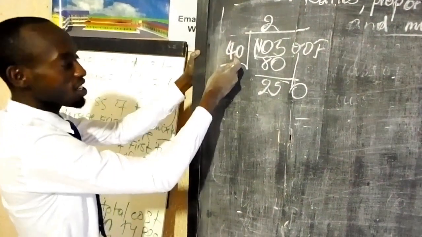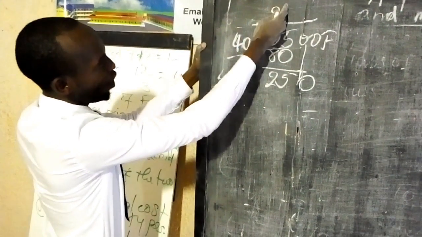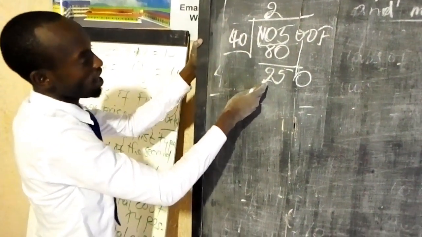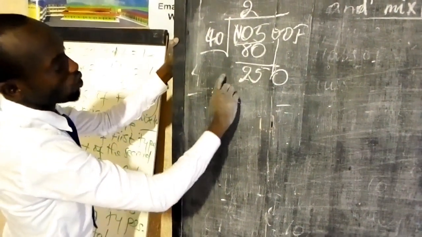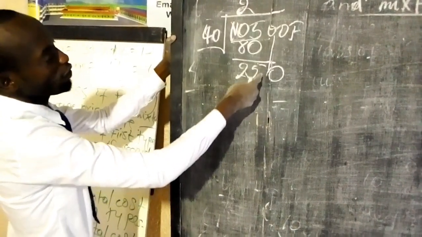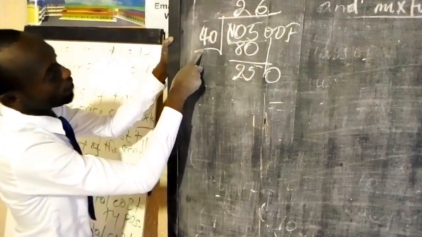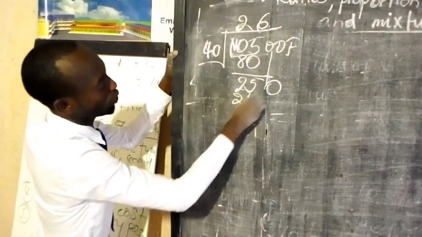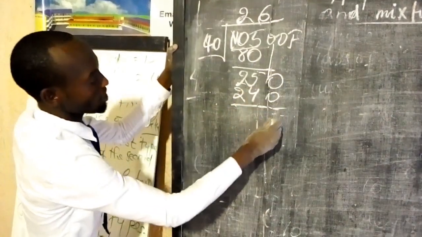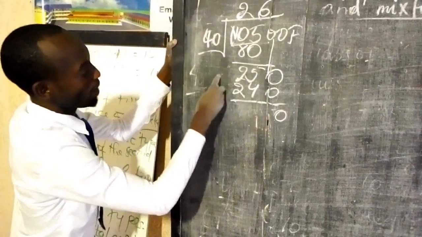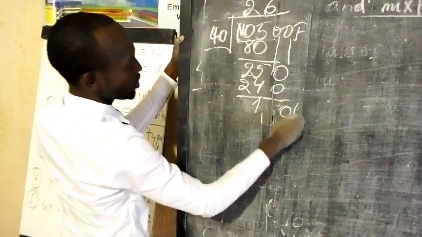Then 40 times 3 is equal to 120. 40 times 4 is equal to 160. 40 times 5 we get 200. So 200 is less than 250. I put 6. 6 times 40, I get 240. I subtract 0 minus 0, I get 0. 5 minus 4, I get 1. Then I bring down this 0.